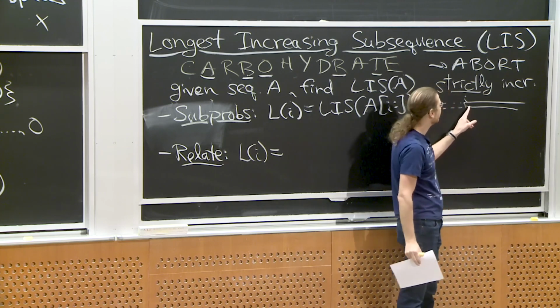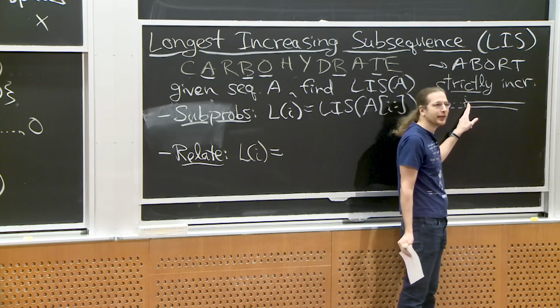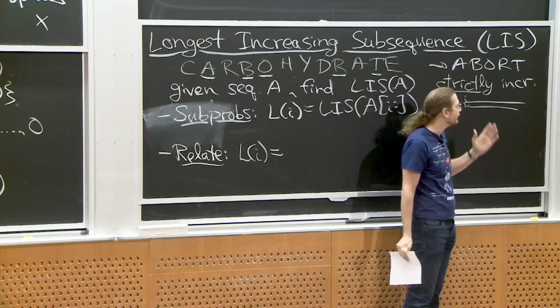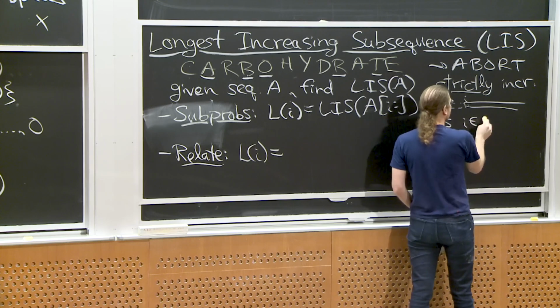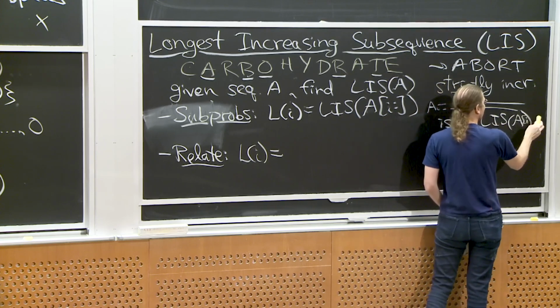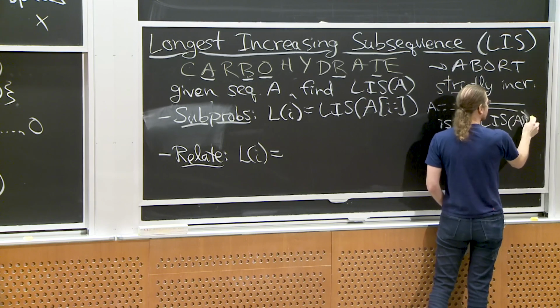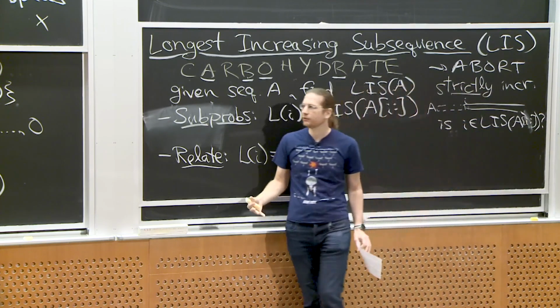Now, when we do that, there are two choices. Maybe i is in the longest increasing subsequence, or it's not in. So the question I would like to answer is: is i in the longest increasing subsequence of A from i onwards? This is a binary question. There are two options. So again, just like before.